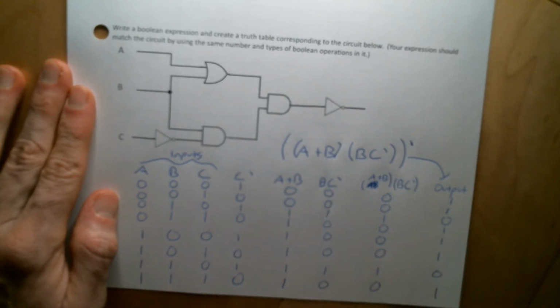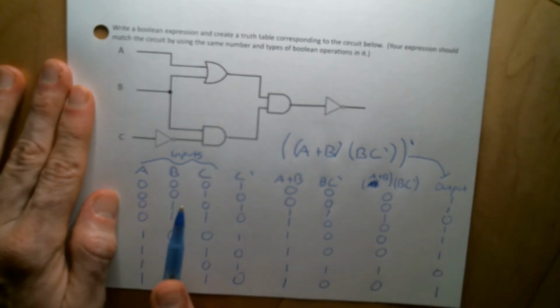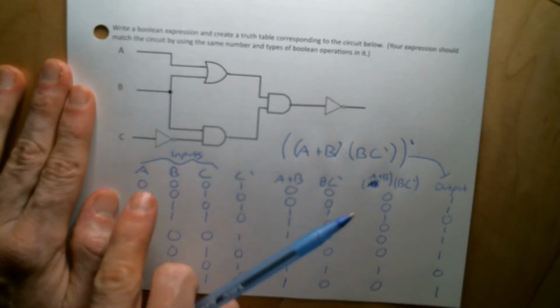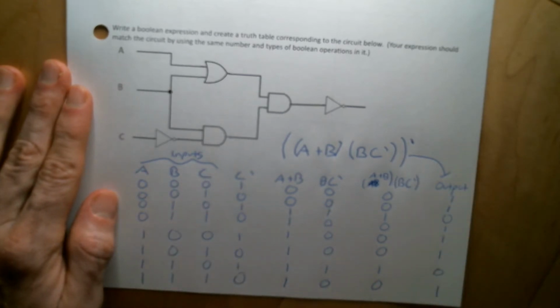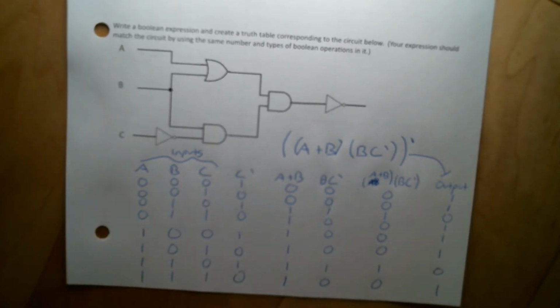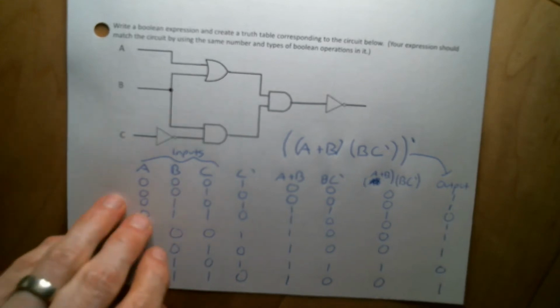So again, up to you how much you do with these middle columns here. But you are required to have all the inputs and the final output when you're making one of these. All right. Again, I would do more, but that is sort of the bare minimum that's required.